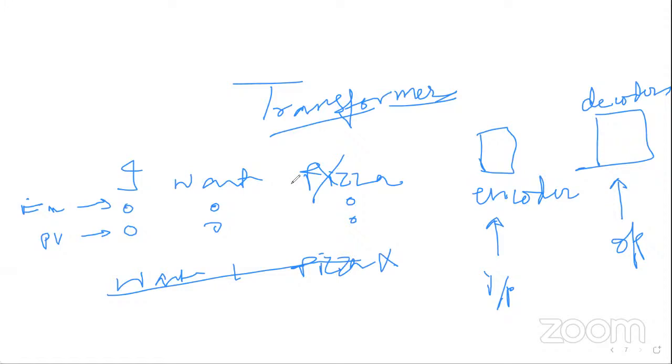In this course, you learn that "want" is the word that comes after "I", then comes "pizza". It can never be "I pizza want". In this way, the encoder tries to learn the semantics.